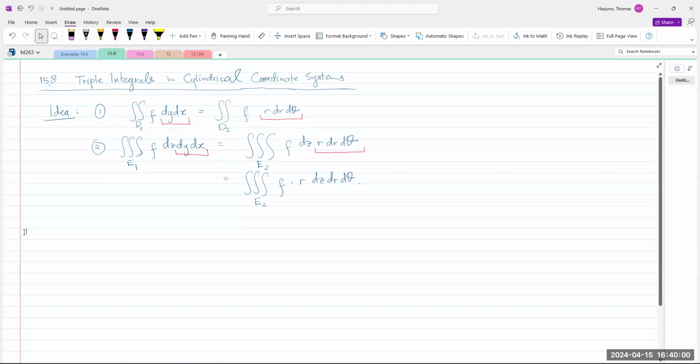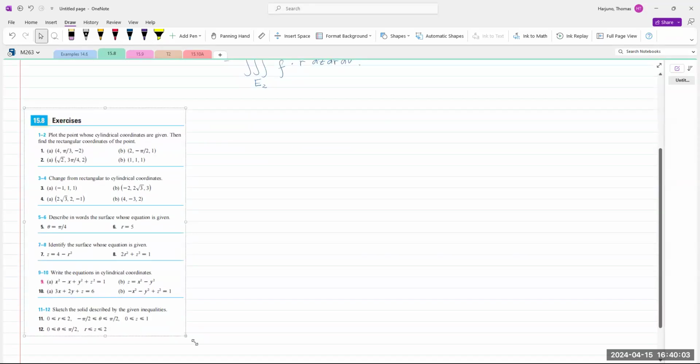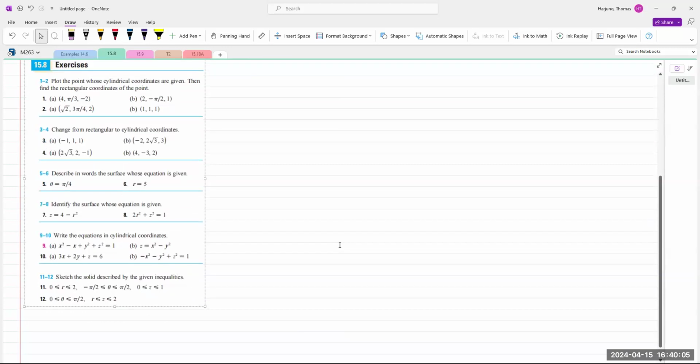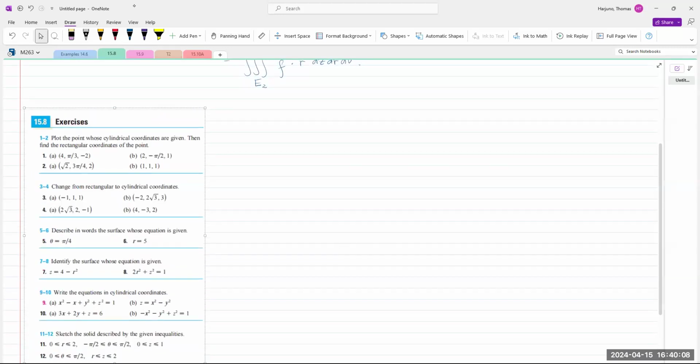Now we have this before, at least something similar to this. Now my assumption is you already learned this from last time. We talked about this in chapter 12, I think at the end of chapter 12, where we learned converting from rectangular coordinate system to cylindrical, and vice versa, from cylindrical to rectangular.